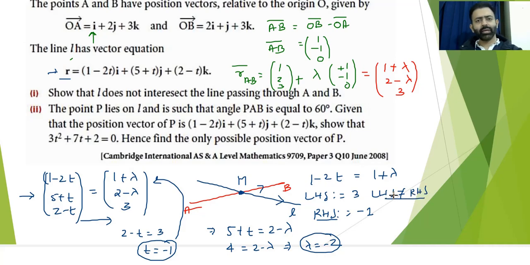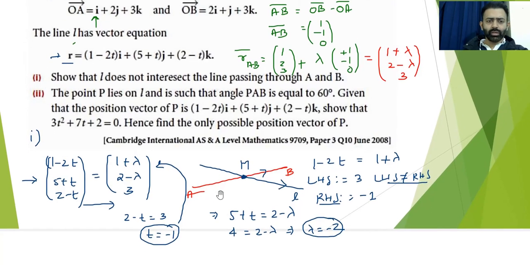If they are not equal, these are not valid values of lambda and t that satisfy all three components, x, y, and z. That means they are not representing the same point of intersection, so they are not intersecting. So this is the working of part 1.